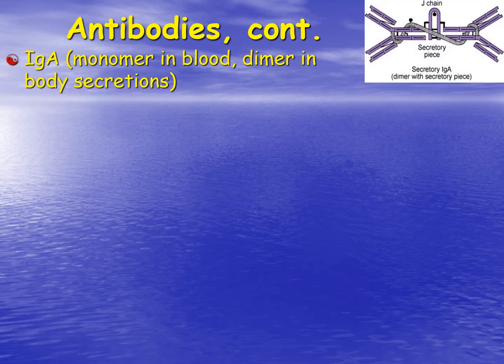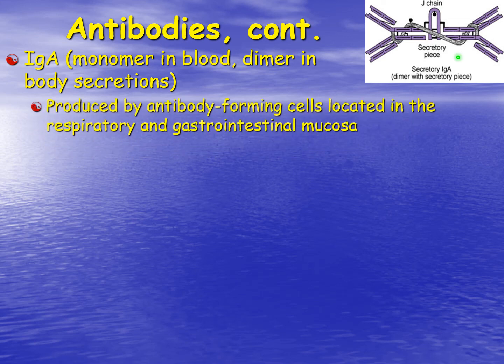IgA is a monomer in blood, but we find very little IgA actually circulating in the blood. Where IgA actually migrates to is in the body secretions, where it exists as a dimer held together by this J chain, so it has a valence of 4. This is important because in the body secretions it can bind to antigens before they may even get into the body.